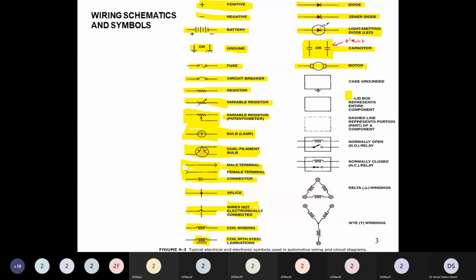Then the seventh symbol is the solid box. It is simply a representation of all components packed together. Also comes the dash solid box. Dash line represents part of the component.